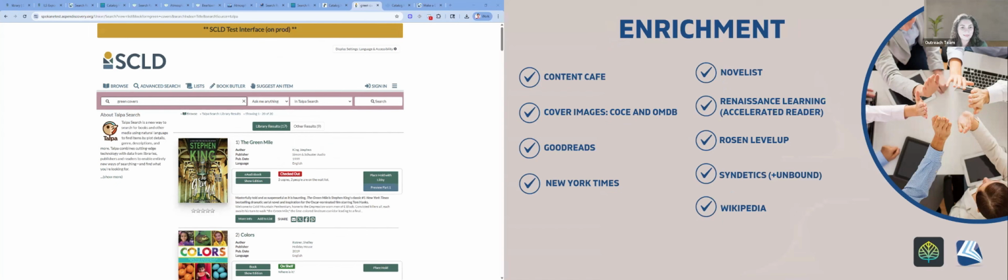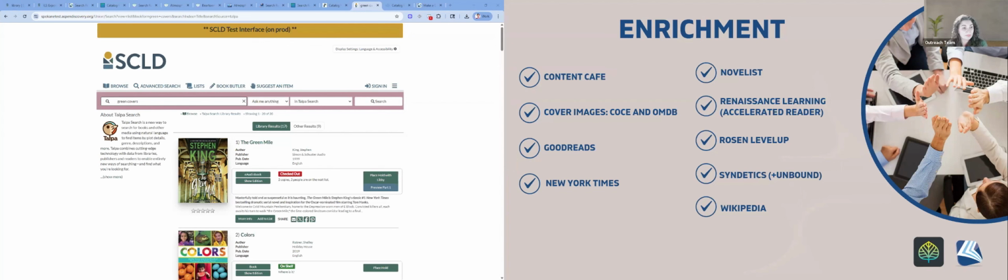So of course, a big element of Aspen is the content enrichment. So Aspen integrates with tools like Novelist, Syndetics, including Syndetics Unbound, and Content Cafe to provide read-alikes, reviews, series information, and cover art, of course, from free sources like Cozy or OMDB, or paid subscriptions with Syndetics.